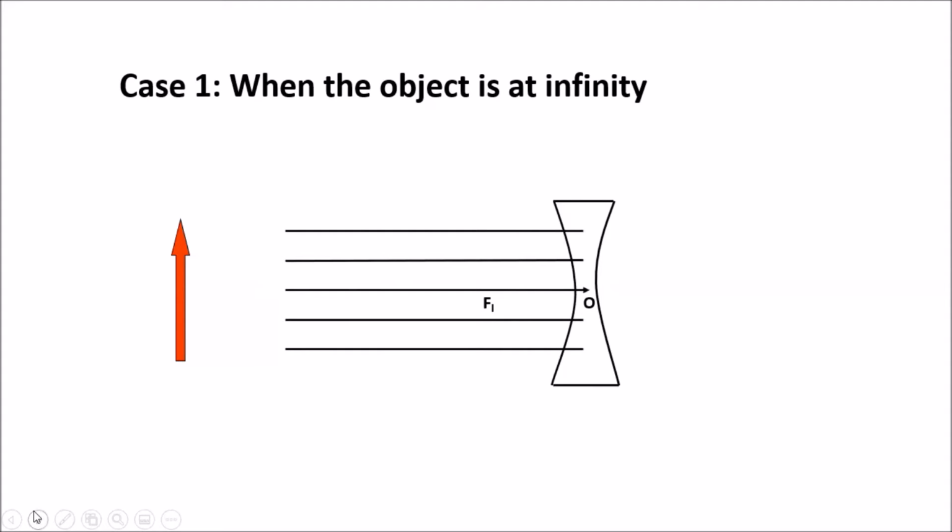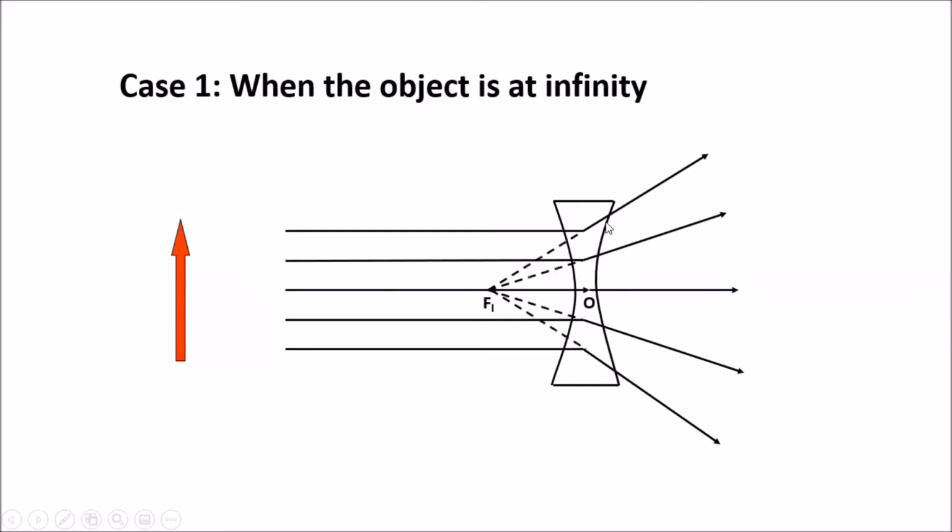As it is a diverging lens, light rays after refraction from the concave lens will diverge and appear to be coming from a single point. When we draw them backward, we observe that at a single point, which is focus, they are meeting. So this is case one.